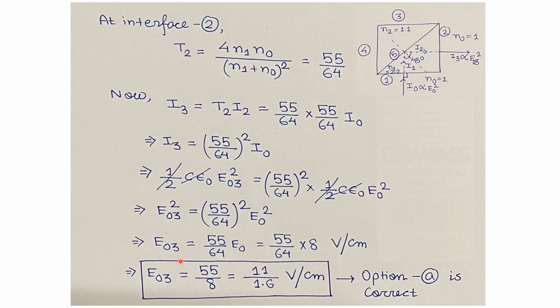So E03 is 55 by 64 E0. Now E0 is 8 volt per centimeter as given in the question. Effectively we have E03 in region 2 as 55 by 8. So if we divide the numerator and denominator by 5, then we will get 11 by 1.6, which is our E03 in region 2. So our option A is correct.